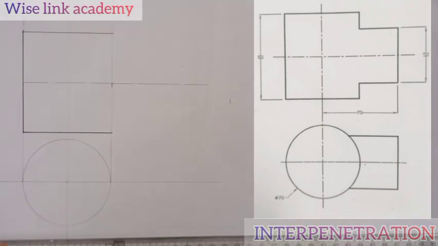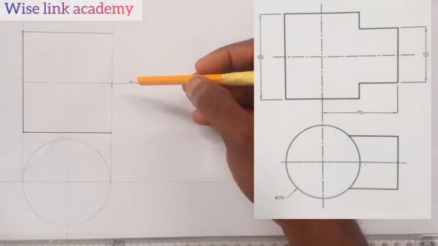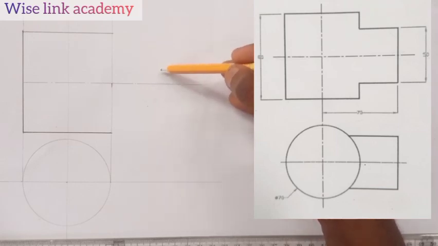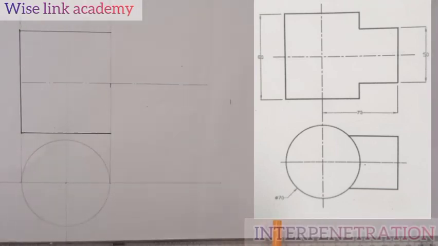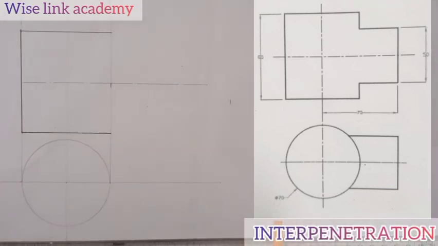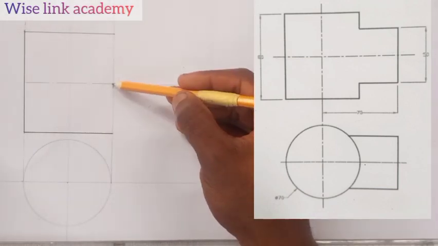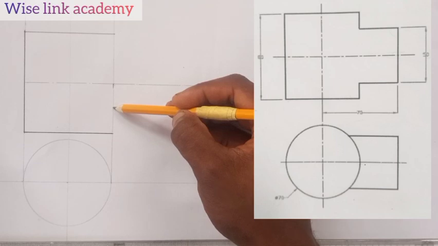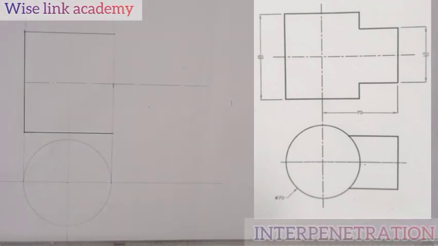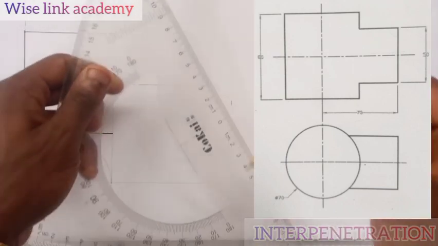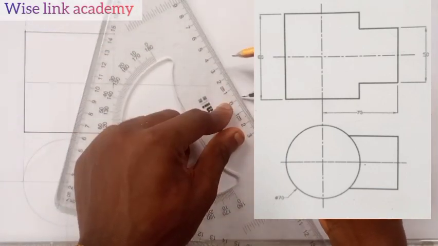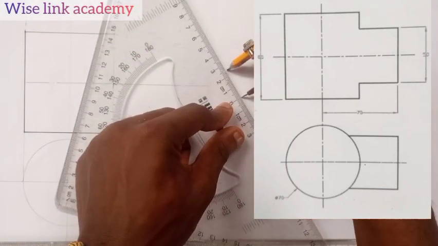Next up, what is next? If you observe, there is a height somewhere here of 50. So I'll take 25 up and 25 down to accomplish 50. I'll take my compass this way and measure out 25 at this section.